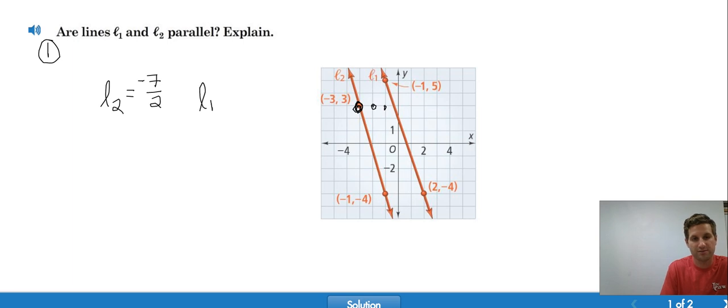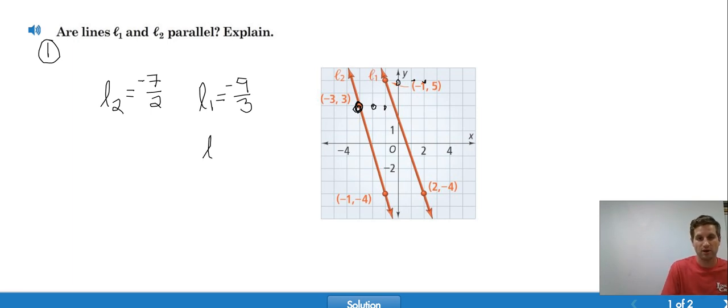Let's look at the slope of the other one. Okay, again, start at the left. I go over 1, 2, 3, so I have a run of 3. And I'm going to go down 1, 2, 3, 4, 5, 6, 7, 8, 9. Down 9. Okay, are those slopes the same? Well, we should probably reduce them if we can.